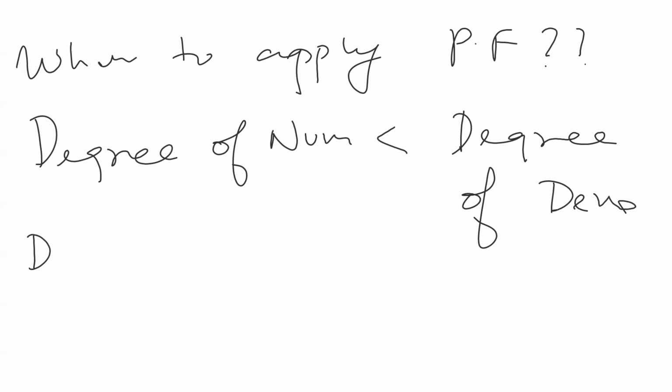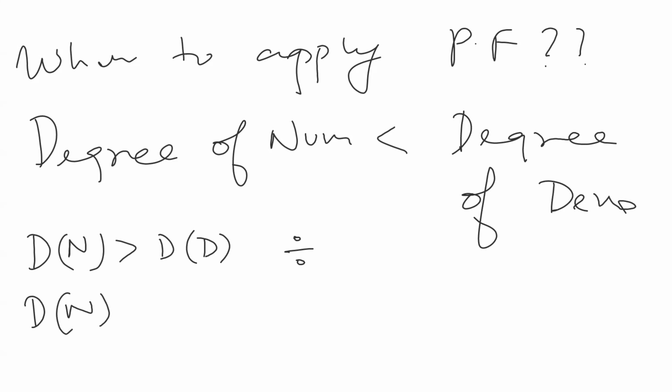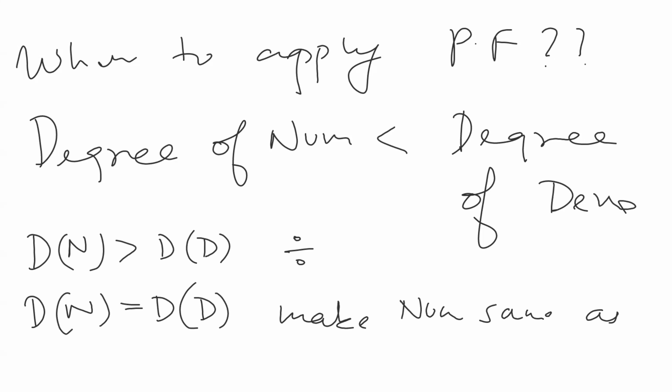If the degree of numerator is greater than degree of denominator, we divide numerator with denominator. When the degree of numerator is equal to degree of denominator, we make numerator same as denominator. And when the degree is less, one of the ways of solving is using partial fraction. Fine.